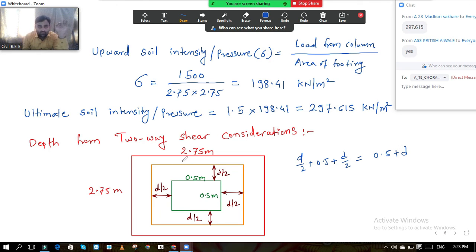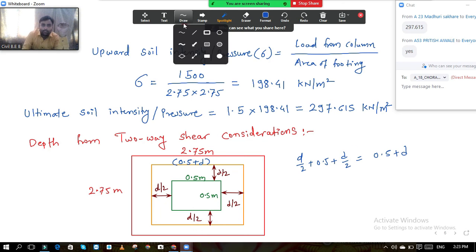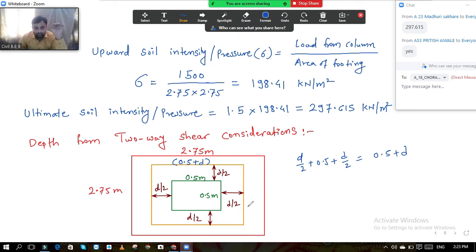So this side is 0.5 plus d, and the same for the other side. See, this is 0.5, on the upward side it is d by 2, on the downward side it is d by 2. So this total will be d by 2 plus 0.5 plus d by 2, again the same thing, so this is also 0.5 plus d.